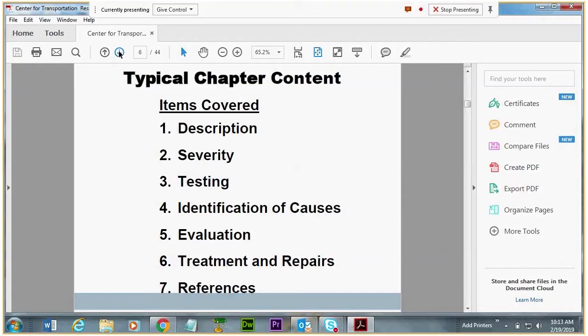The contents were a description of what the distress may be, the severity of that distress, what tests needed to be done, the identification of the causes, and then the big one, the evaluation of what that distress was, what caused it, how to prevent it, and so on. And then the last section was the treatment and repairs, and then references.